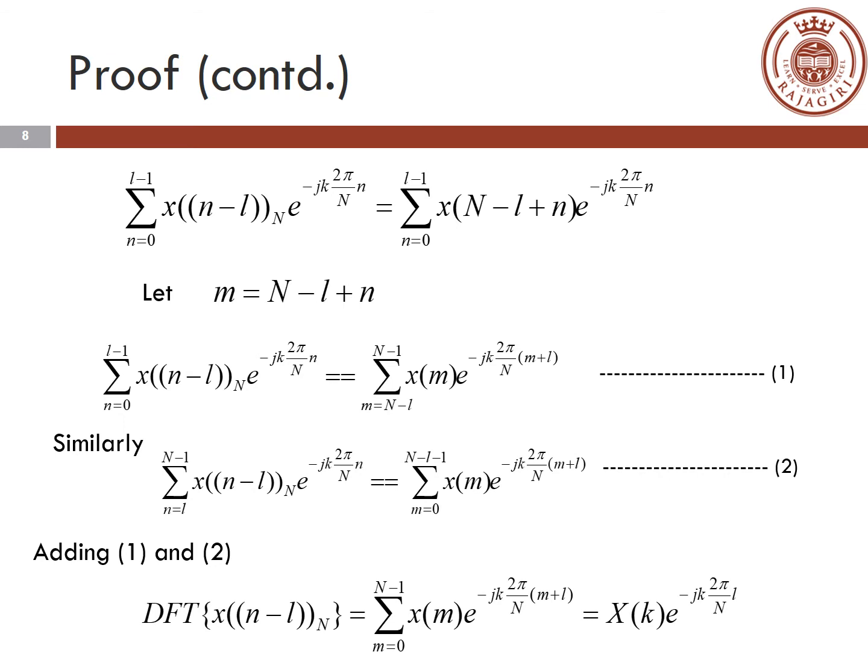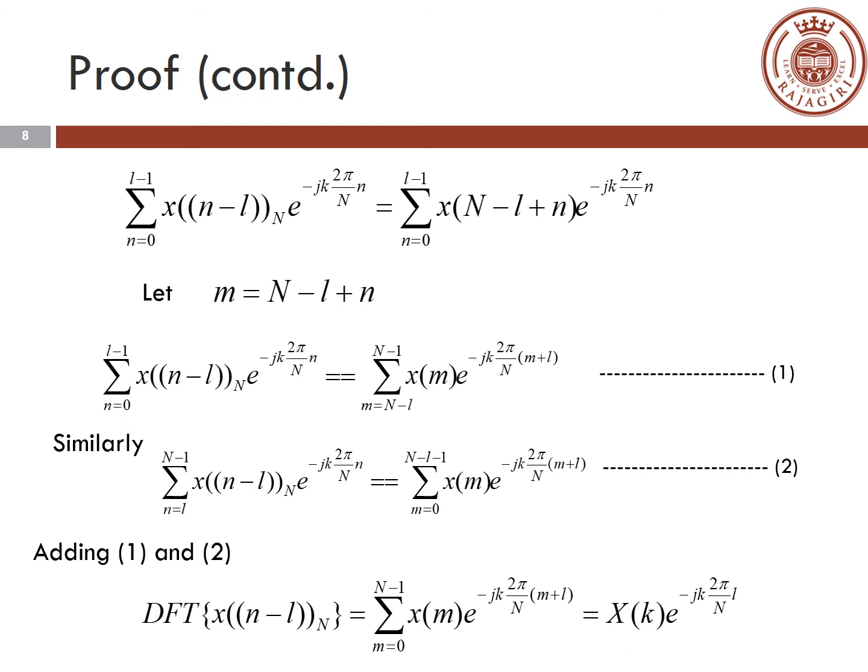Okay. Now in that case, since the summation is in terms of m, L is a different variable, so I plan to take it outside. So it becomes e raised to minus jk 2 pi by N into L. Okay, so that is taken outside, and what is left is m is equal to 0 to N minus 1 x of m e raised to minus jk 2 pi by N into m, and that we know is the DFT basic equation.